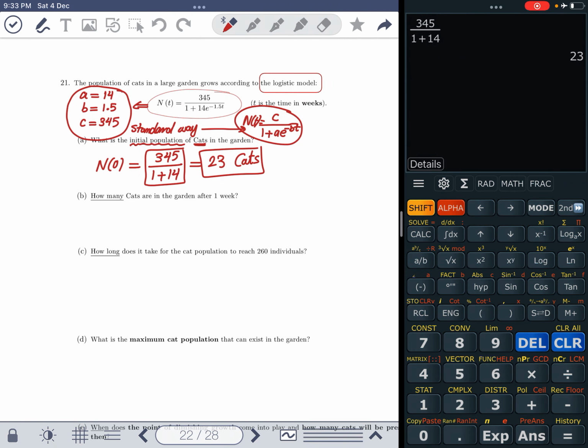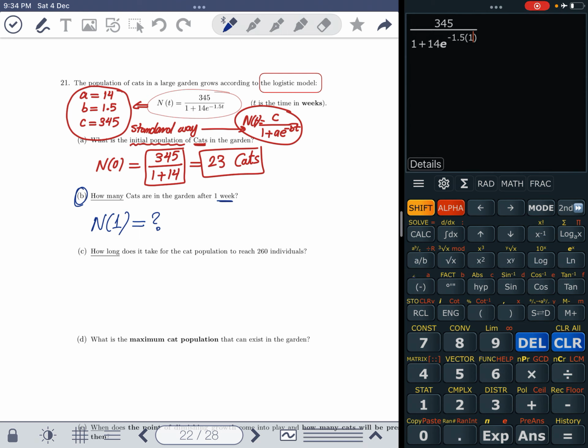Good. And then the second one, let's do it with another color. How many cats are in the garden after 1 week? This means n of 1. What is the number of cats after 1 week? So you'll use the formula here, e to the power minus 1.5 and then the t that you give it. If you give it t equals 0, it will give you 23 cats initially.